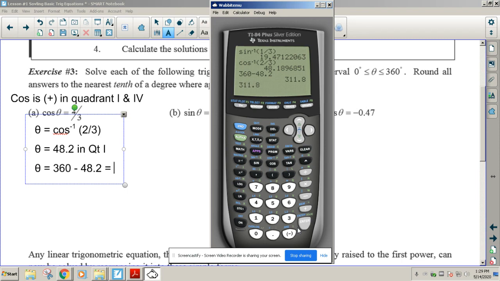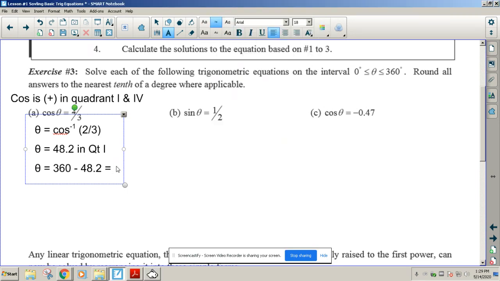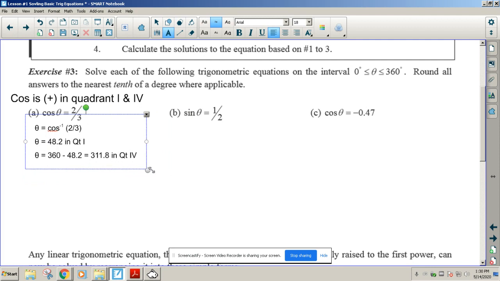Whoops, I got clicking in the wrong spot. 311.8 degrees in quadrant 4. I hope this is making sense. I hope you're following along and you're feeling more comfortable with this.